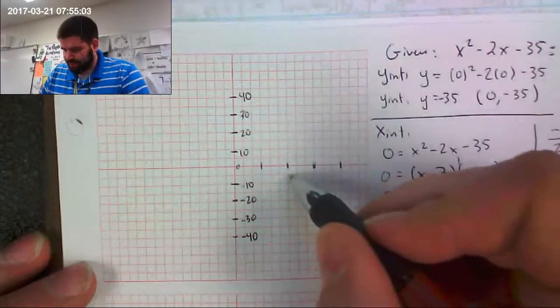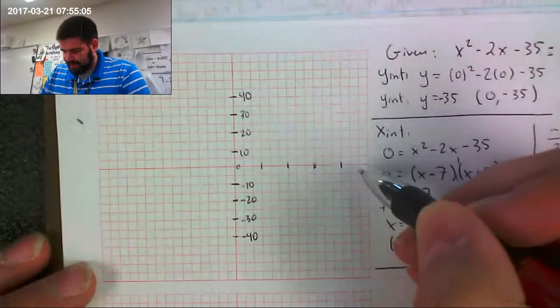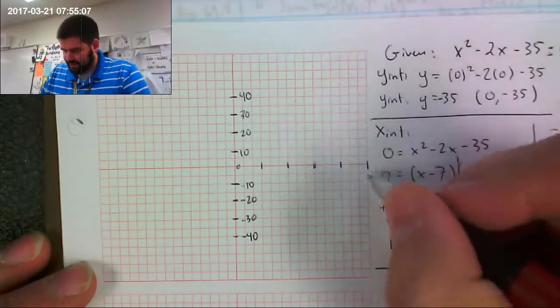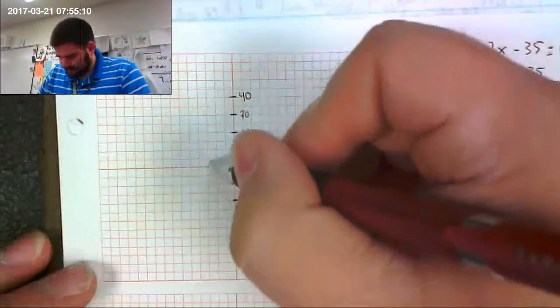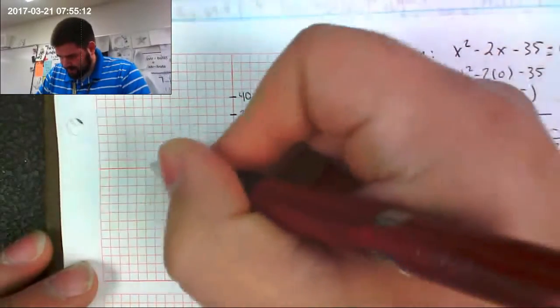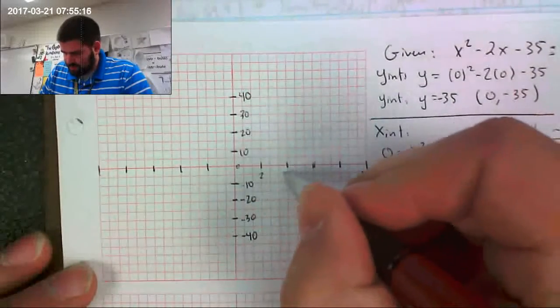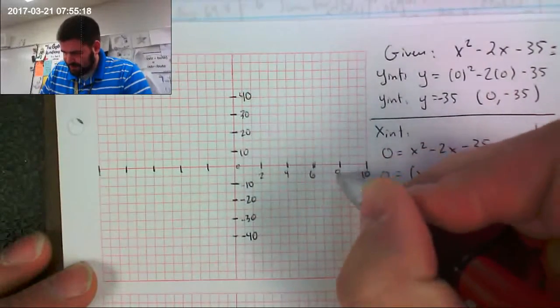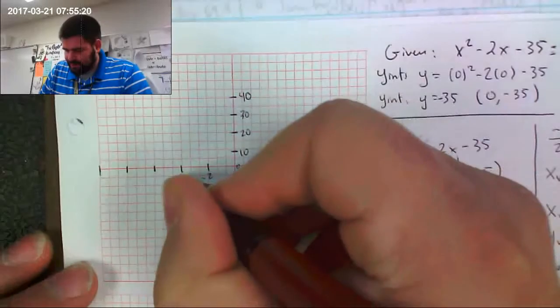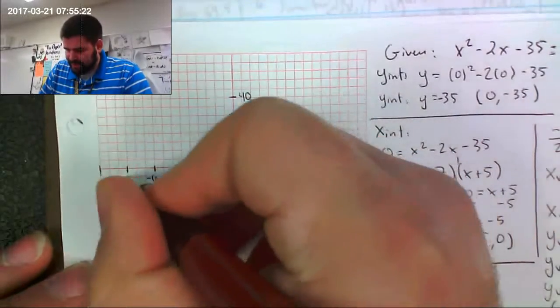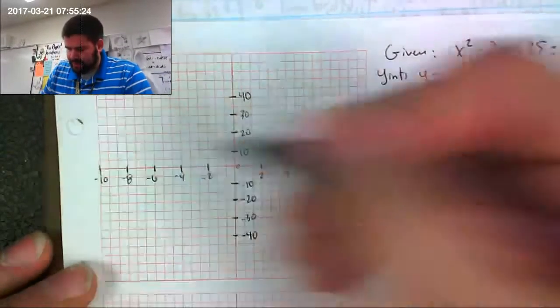So I could go 2, 4, 6, 8, and this would be 10. So yeah, let's do that. Count by 2's. So you got 2, 4, 6, 8. And you got negative 2, negative 4, negative 6, negative 8, negative 10.